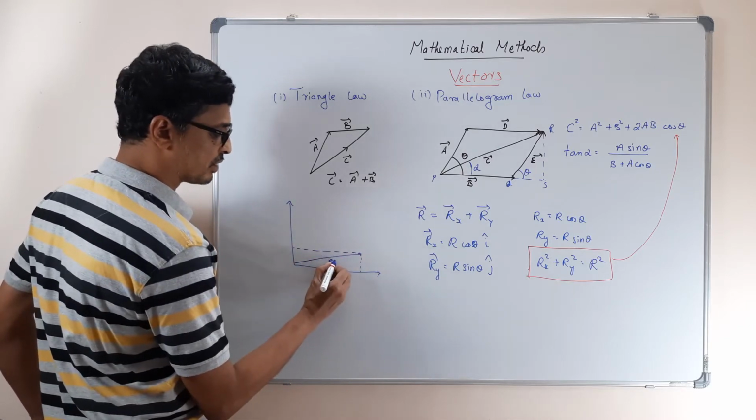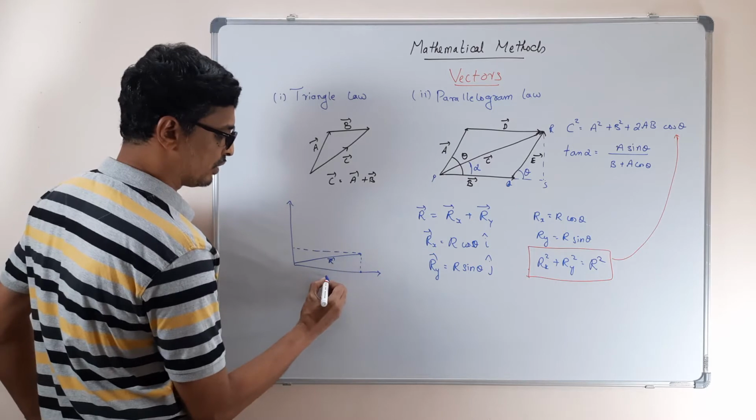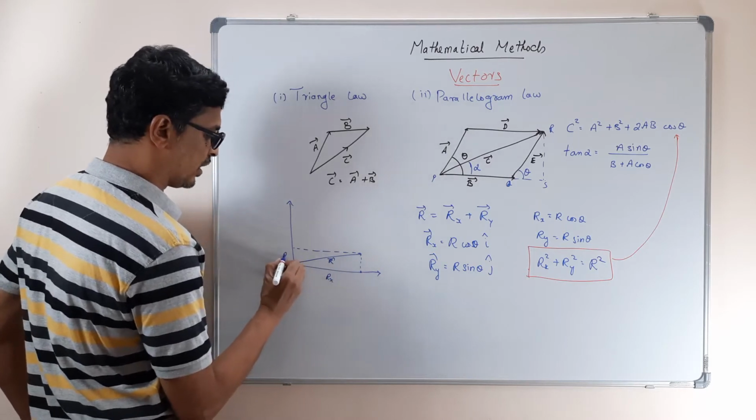Okay, this is the R vector. So this is Rx, Ry.